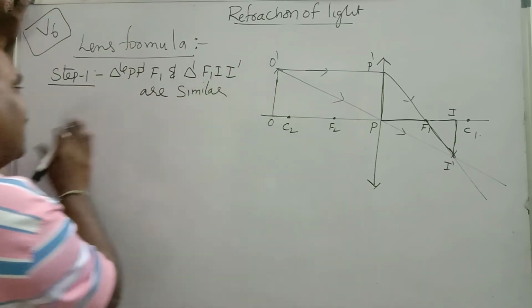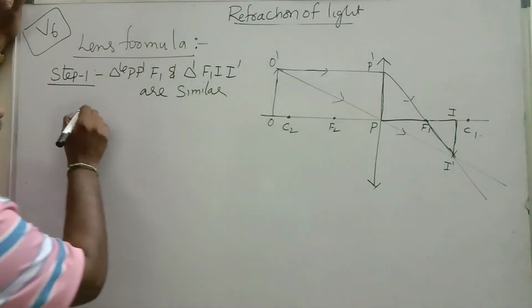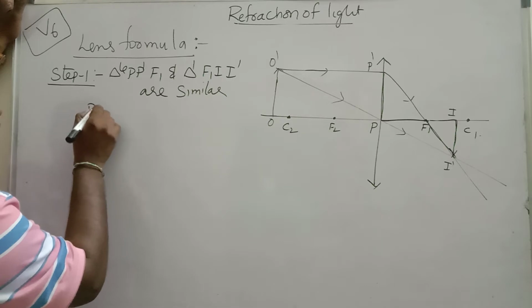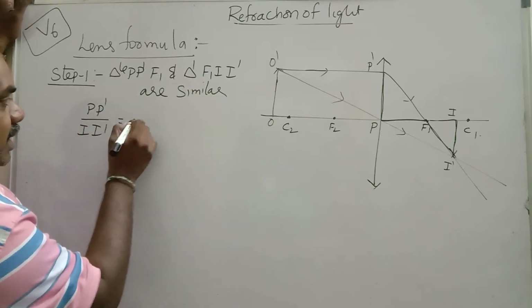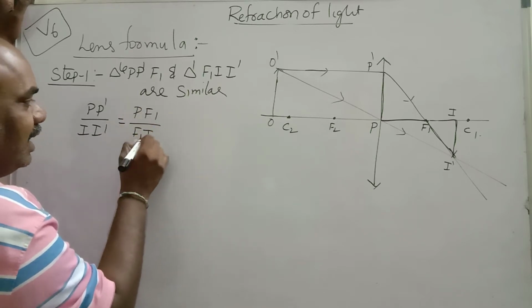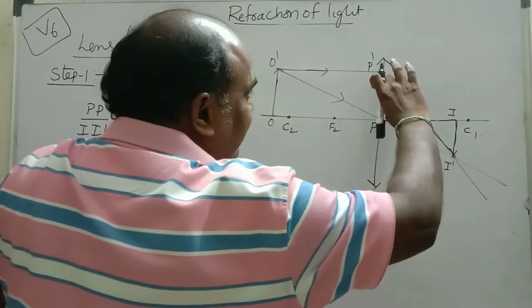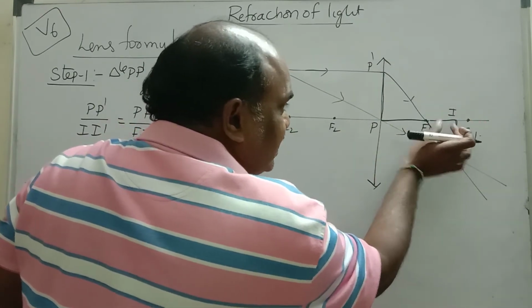You know similar triangles rules. Heights ratio is equal to distances ratio. What is the height of first triangle? P dash by I dash is equal to PF1 by F1I. Heights ratio P dash by I dash equal to PF1 by this triangle distance F1I.